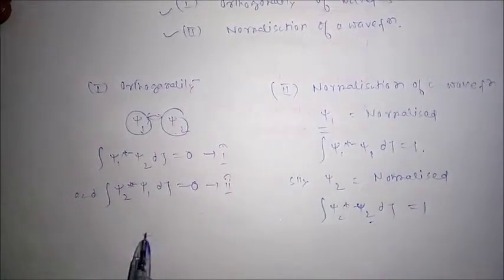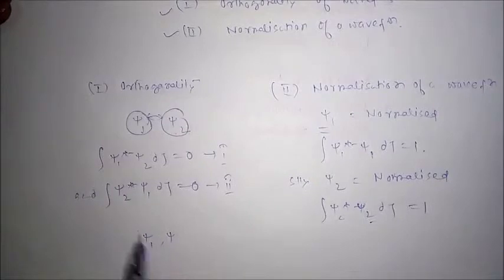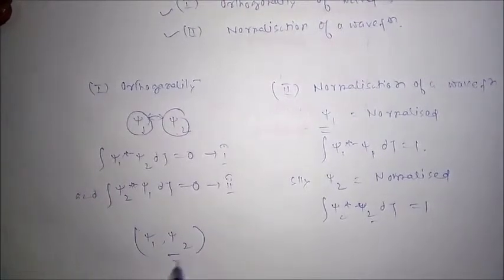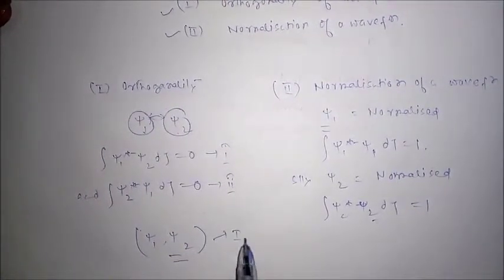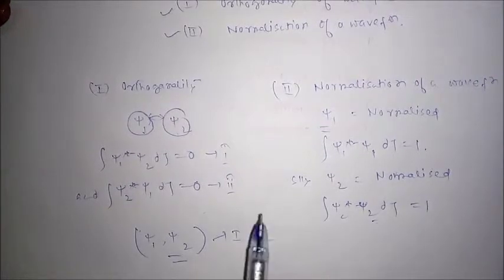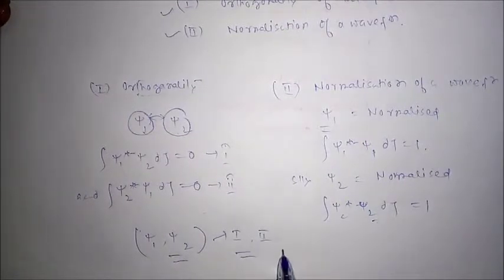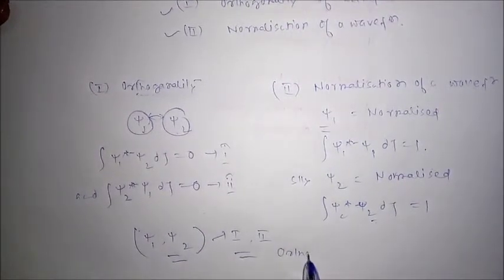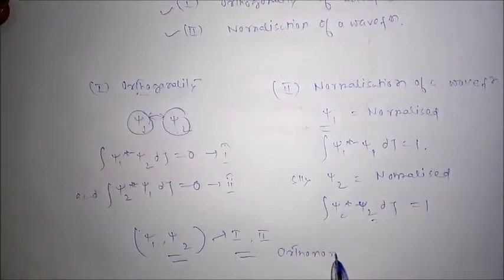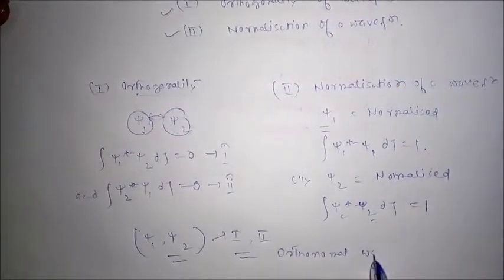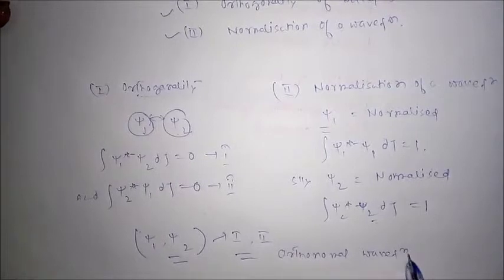When a set of wave functions, that is psi1 and psi2, satisfies both conditions, that is the orthogonality condition and normalization condition, then such wave functions are called orthonormal wave functions.